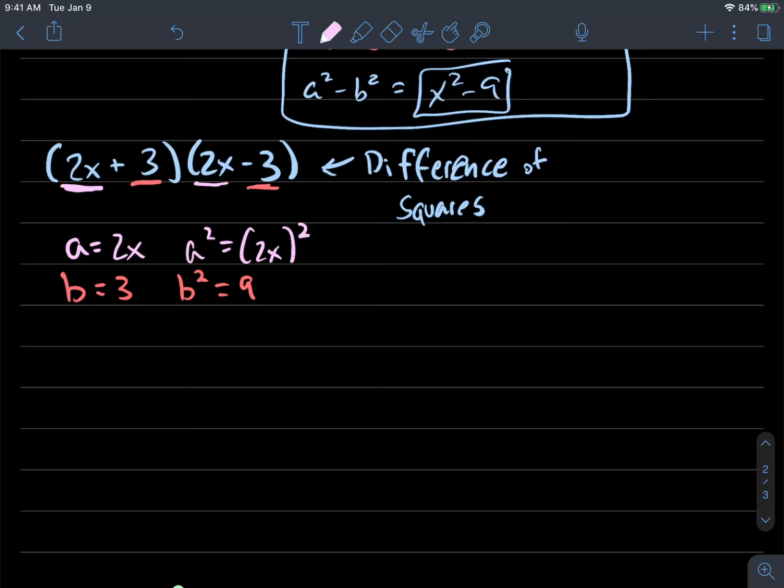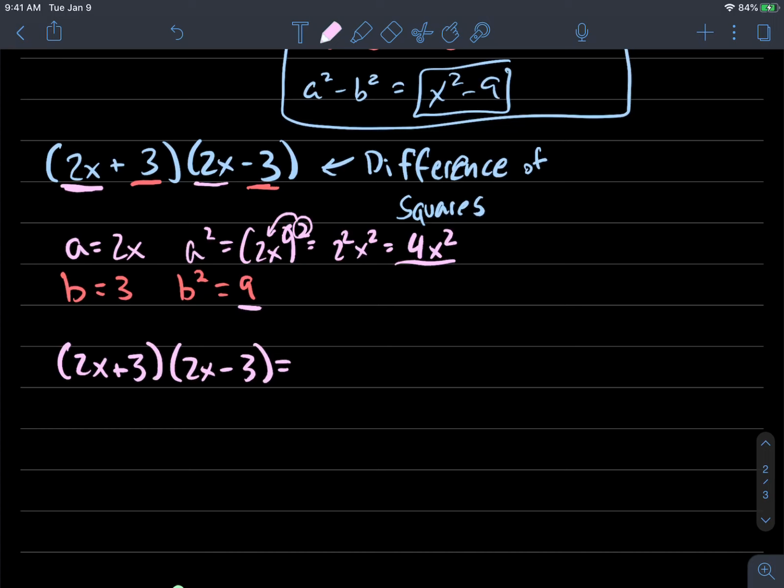Now this follows the property of exponents, so you have to distribute the exponent to both things. So it's going to be 2 squared and x squared. We know 2 to the power of 2 is 4, so we're going to have 4x squared. That means the answer to 2x plus 3 times 2x minus 3 is equal to 4x squared minus 9.